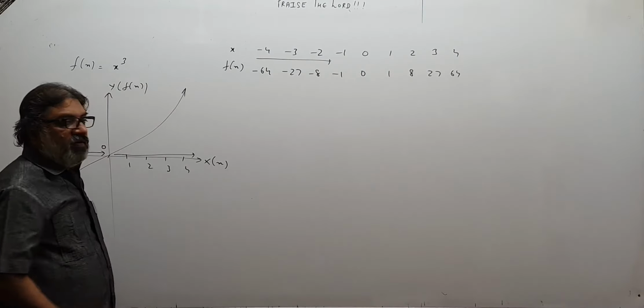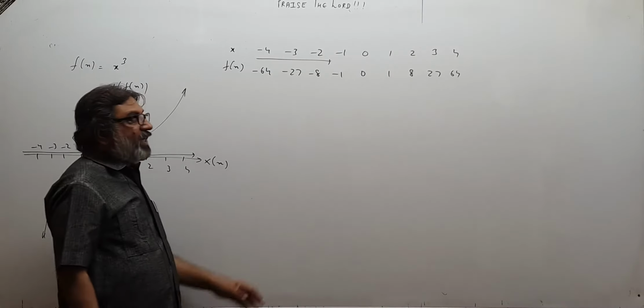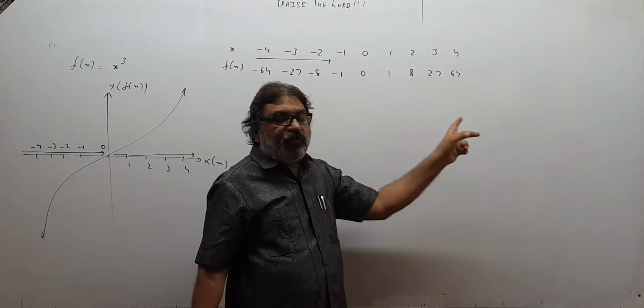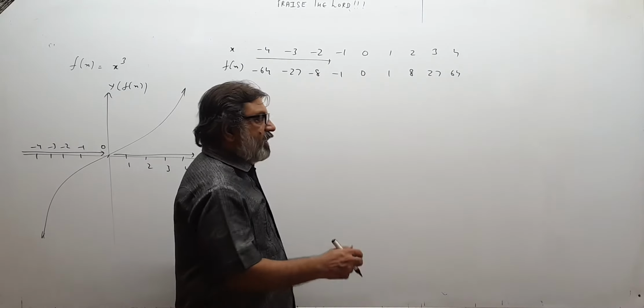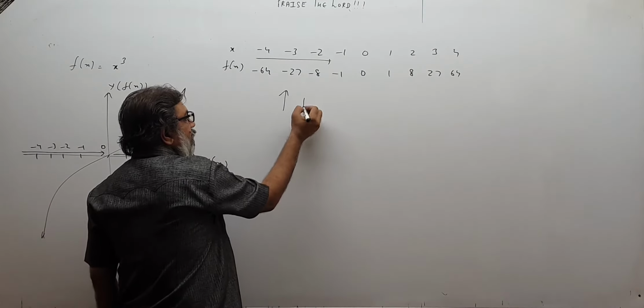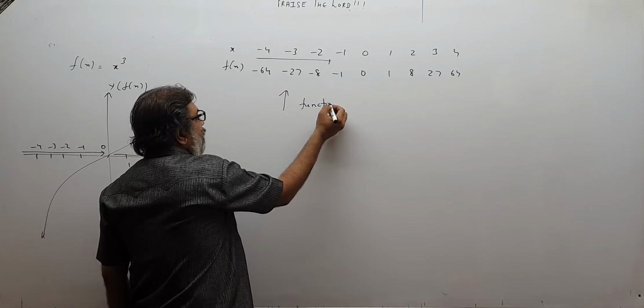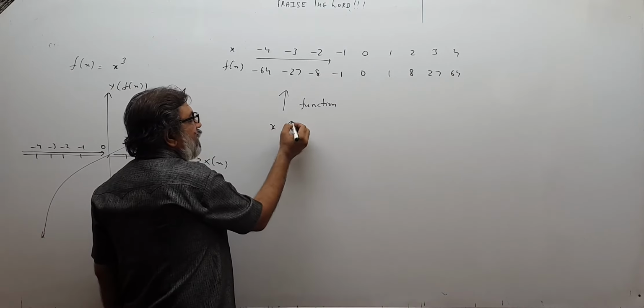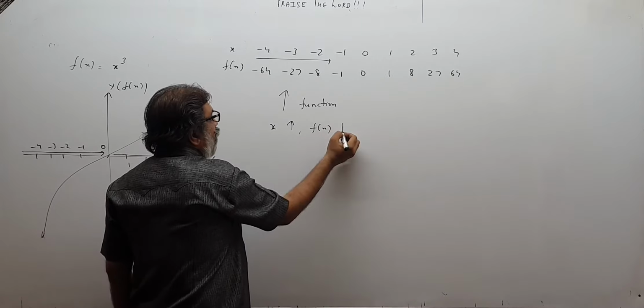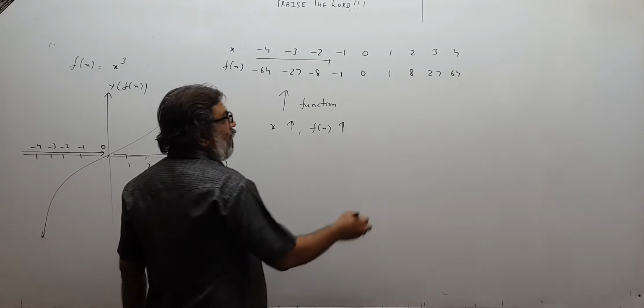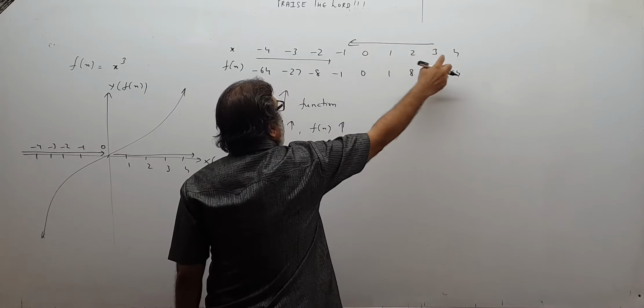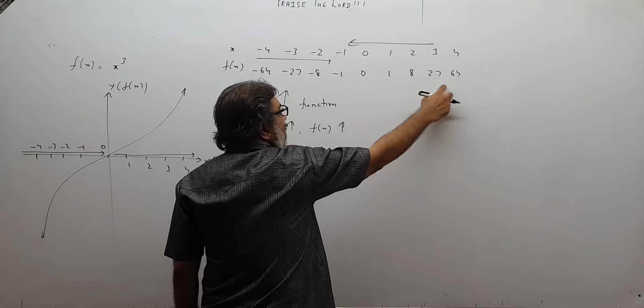If this type of function is there, that as x increases, f(x) also increases, then it is called an increasing function. Please understand. As x increases, f(x) also should increase. Or if I go the other way, then x will decrease and f(x) also will decrease.